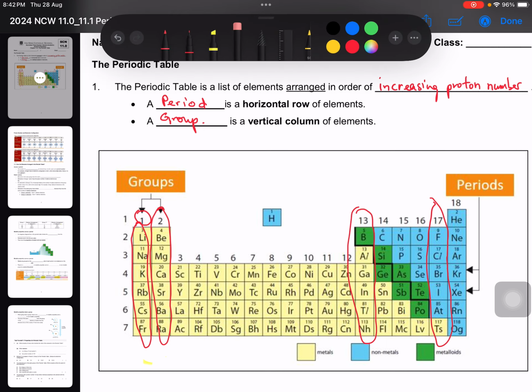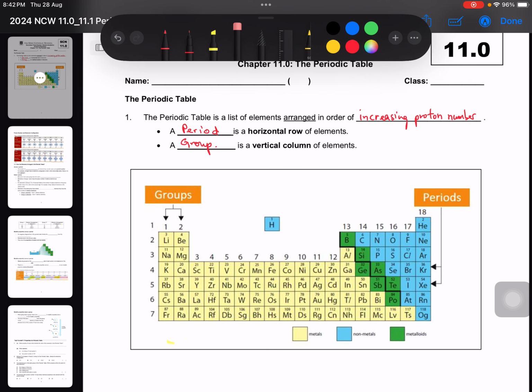Then how about periods? What are the periods? Periods will be the horizontal rows. So this will be period 1, hydrogen and helium. Okay, so maybe we should write that down. Can you write down here? Period 1, which is your hydrogen and helium.